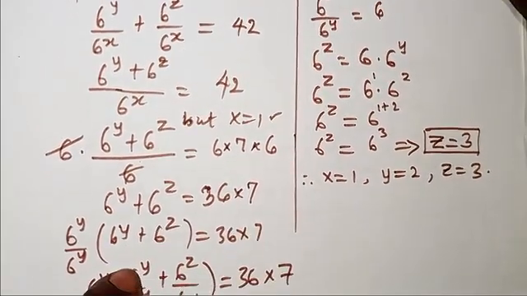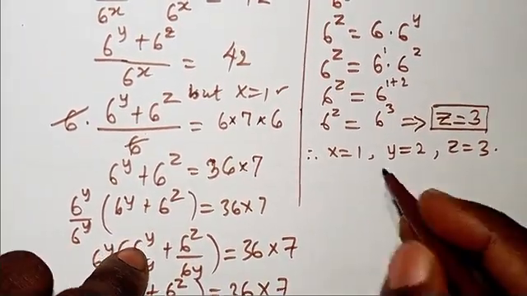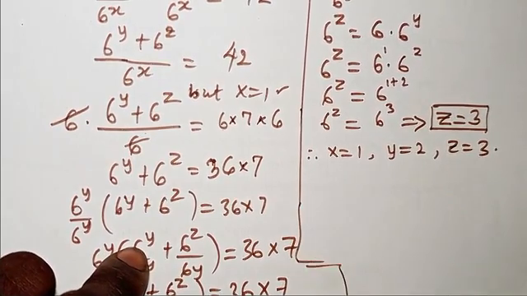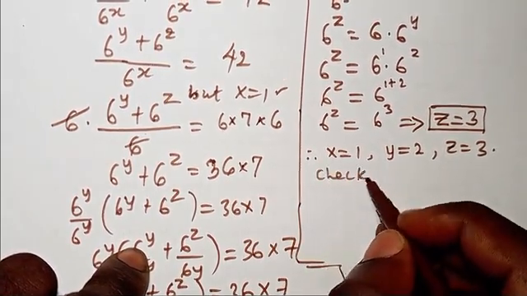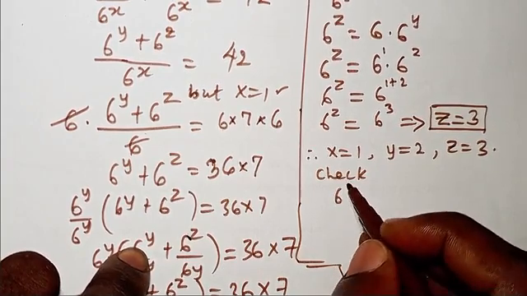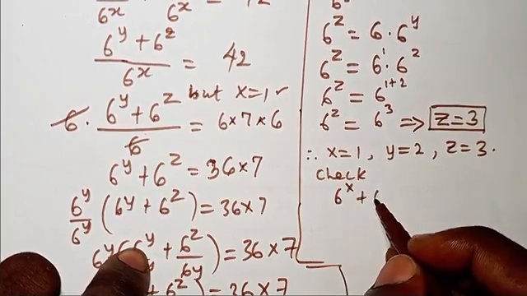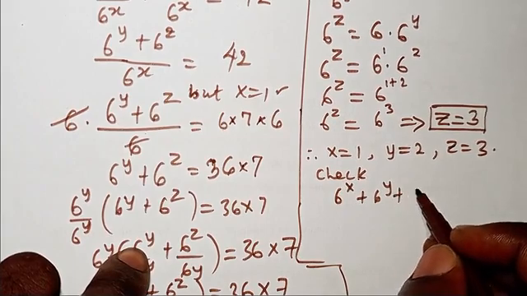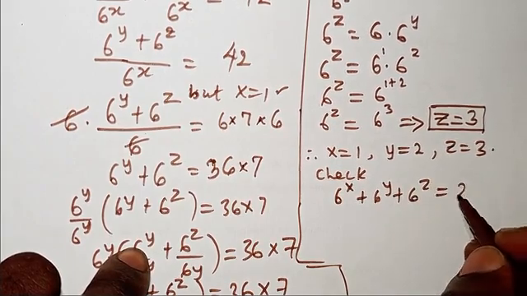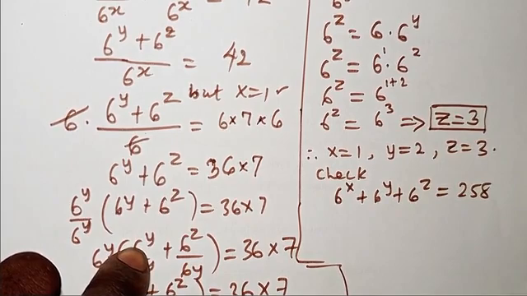So now let's do the check whether we are right or not. We bring 6 to the power x plus 6 to the power y plus 6 to the power z equals 258. I want to check whether we are going to have it.